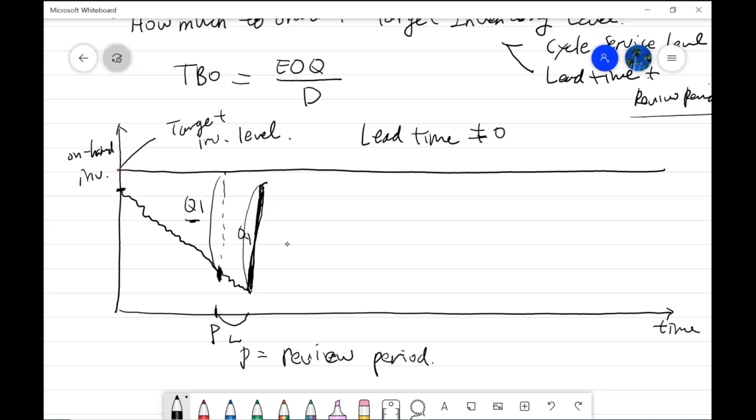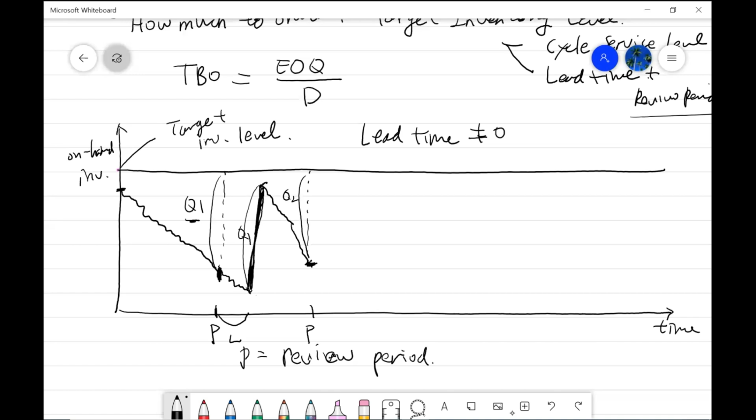Then again, time goes on, the inventory level is decreasing, demand happens. Another P, the review period, is over, and it's time to drop by the warehouse again. I find out my inventory level is this much. Then how much do I have to order from here up to the target inventory level? This is Q2.